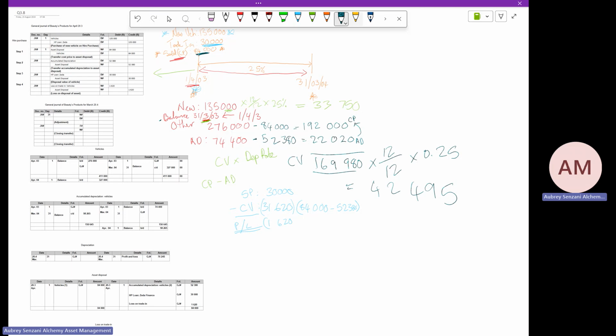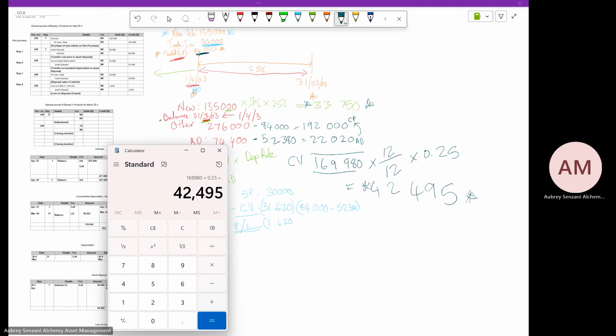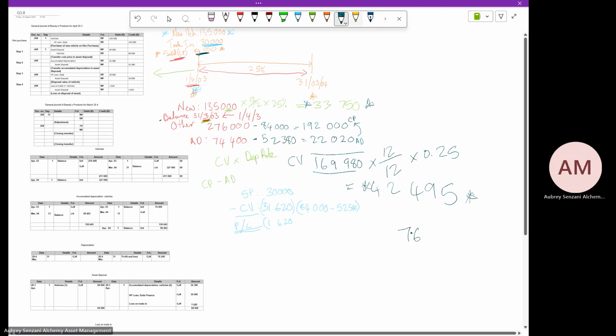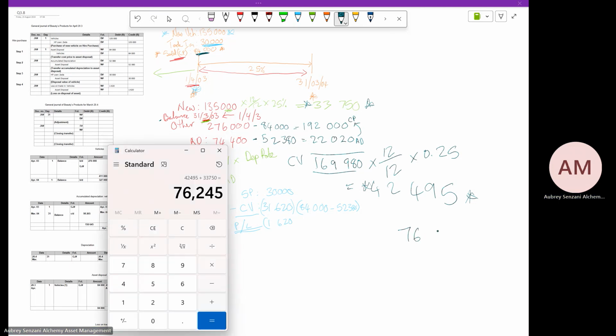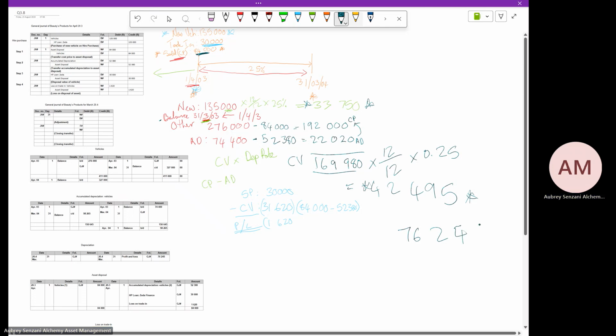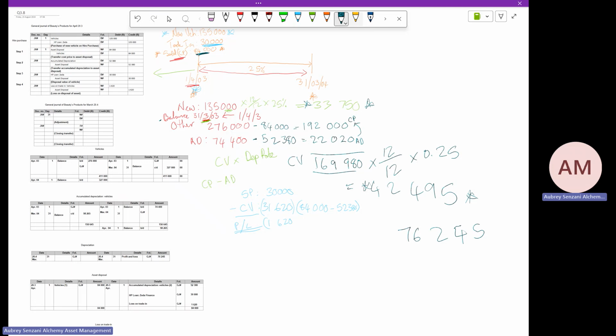So to get your total depreciation on your vehicles, you would add it to this here, depreciation on the new plus the other. Plus 33,750. What do you get? Total depreciation for the year on vehicles is 76,245.